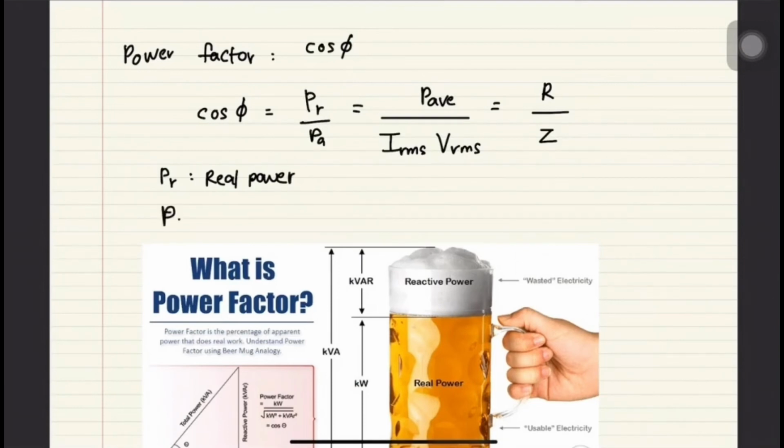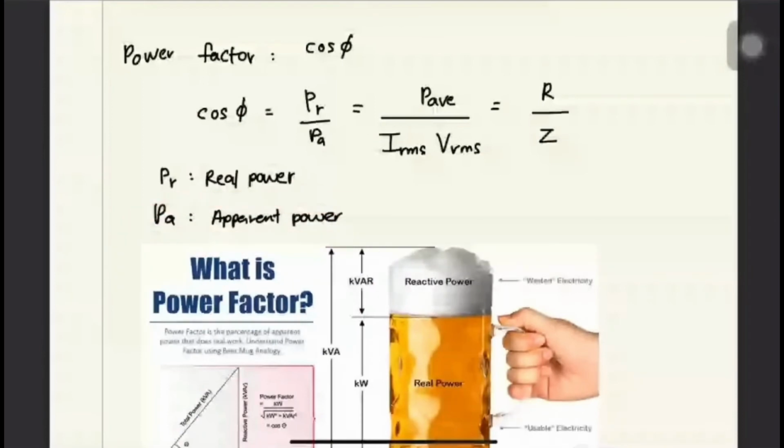PA is apparent power. So apparent power ni macam olok-olok. Dia macam kamu beri power tu. Contohnya you give 10 watt. And then the actual power that you get maybe adalah 6. So less daripada apparent power. So the punya ratio will be 6 over 10, kalau contoh tadi lah.